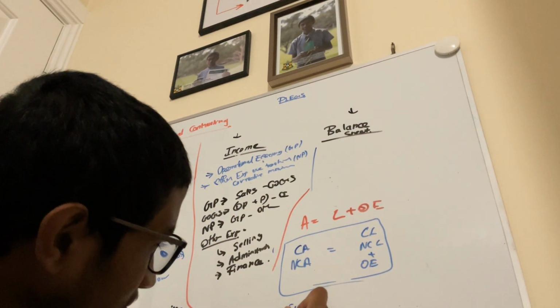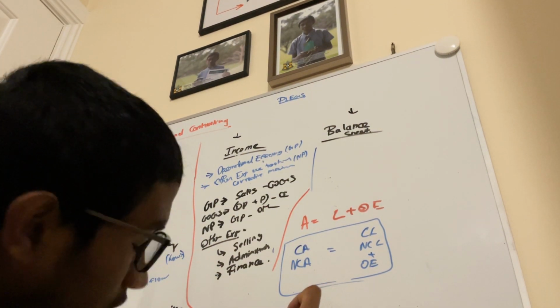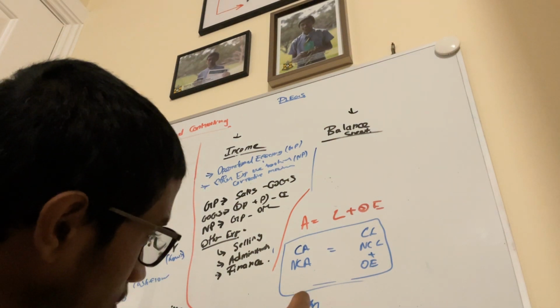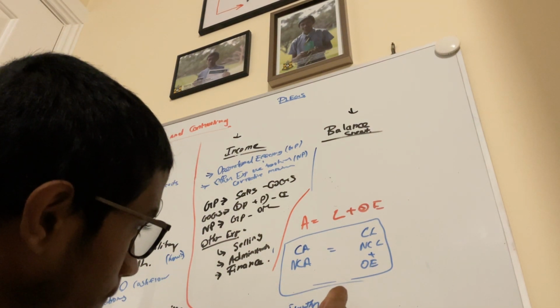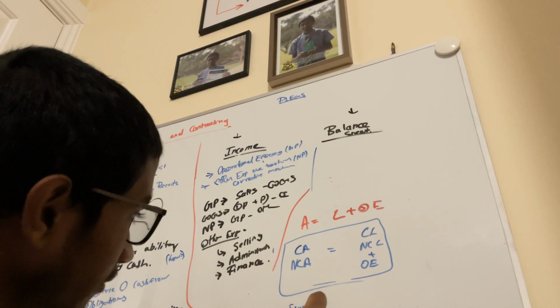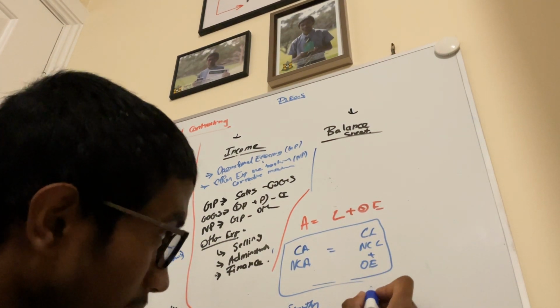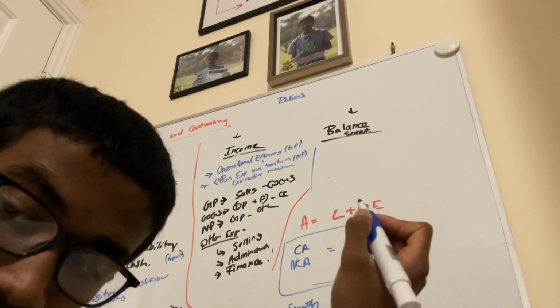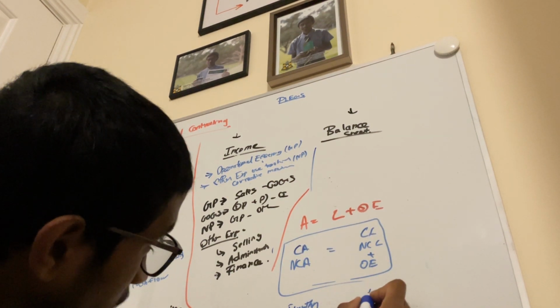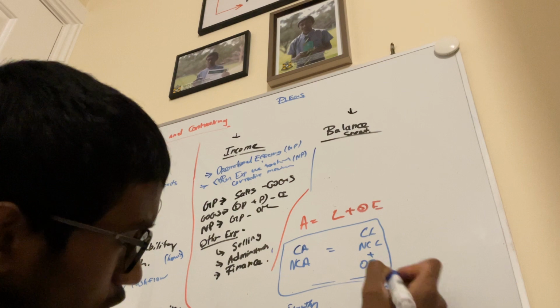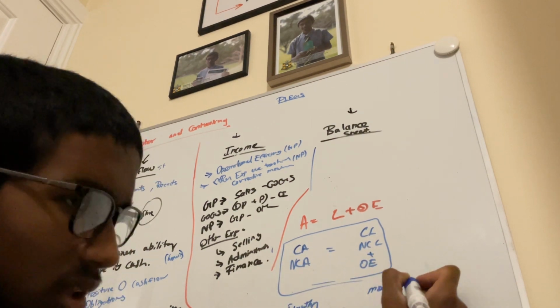So everything the business owns is equal to either money borrowed from outside the business, because you need money to purchase the assets. Nothing is free.